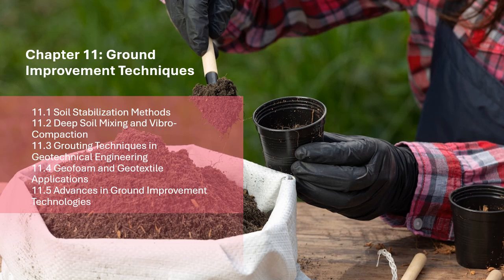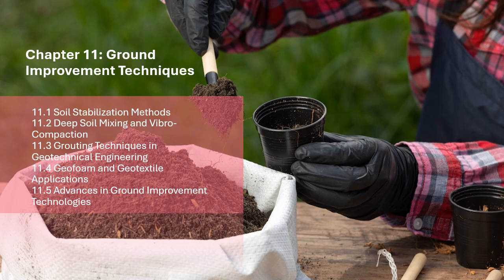Purpose: this method enhances the soil's resistance to erosion, stabilizes slopes, and can also help with the absorption of contaminants from the soil. Applications: common in areas prone to erosion, such as steep slopes, embankments, and riverbanks.